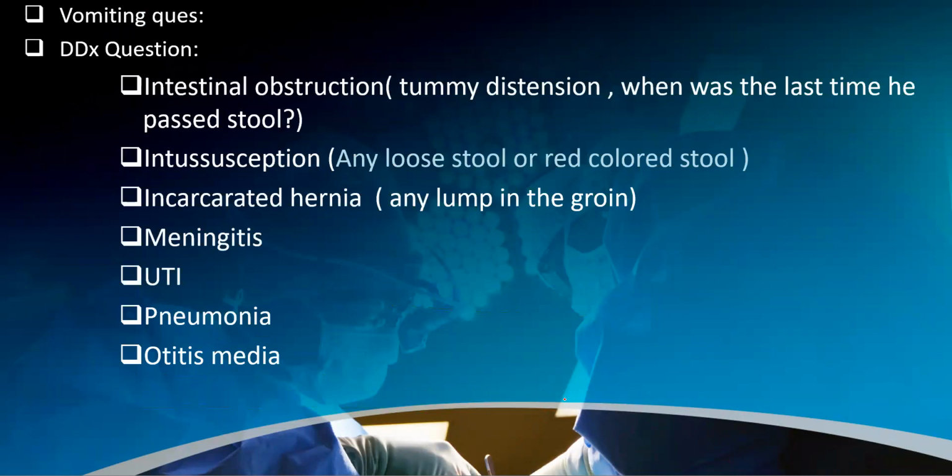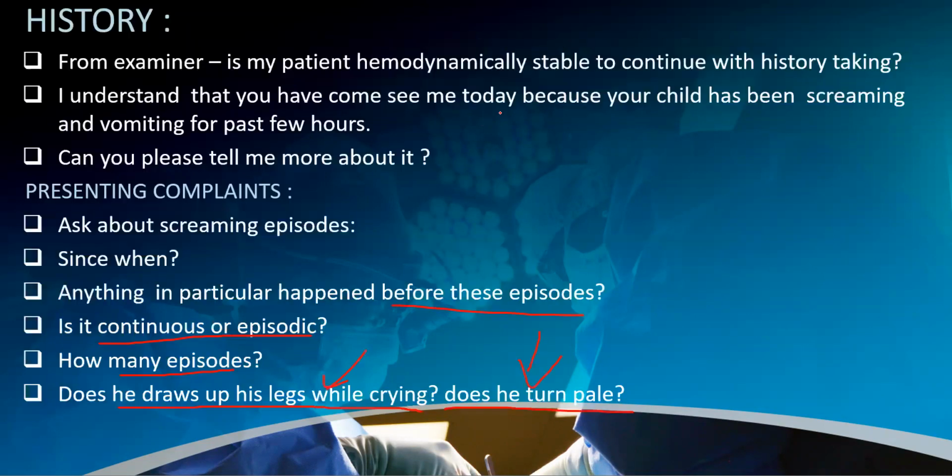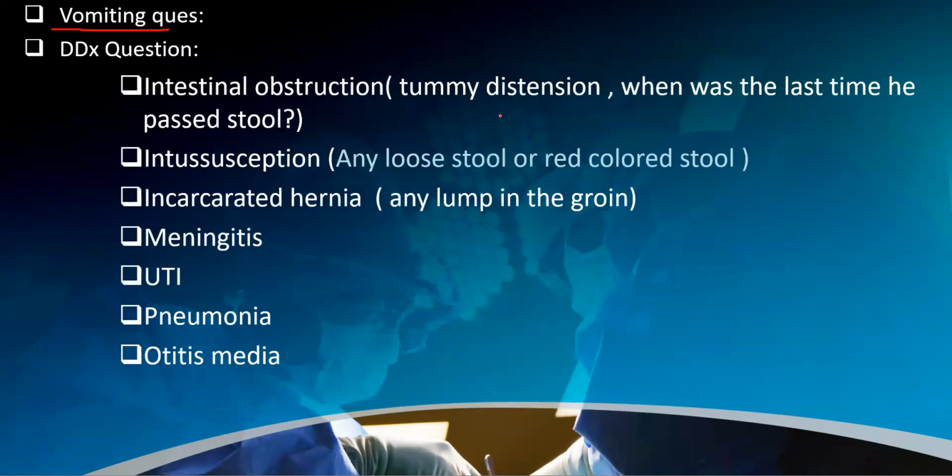Once you are done with that, you go for your vomiting questions, because your HOPC will be that the child is having multiple episodes of screaming and also vomiting. Then you start your differential diagnosis, the same differentials as the other vomiting cases.